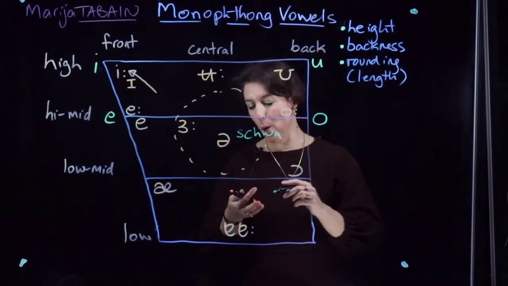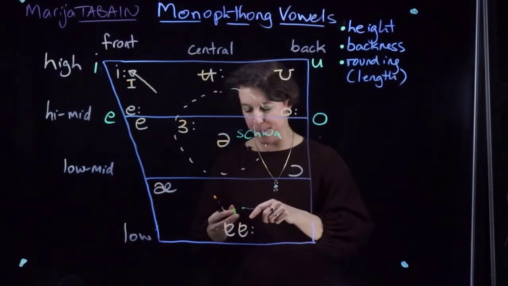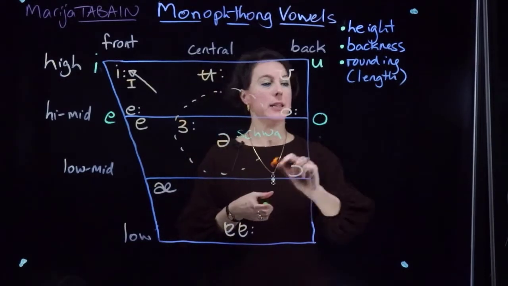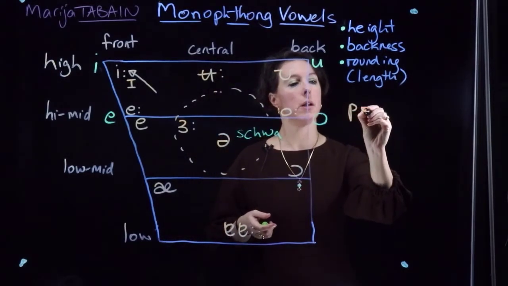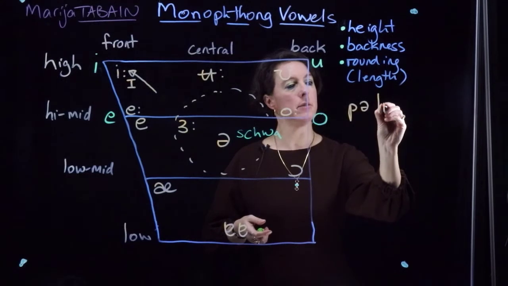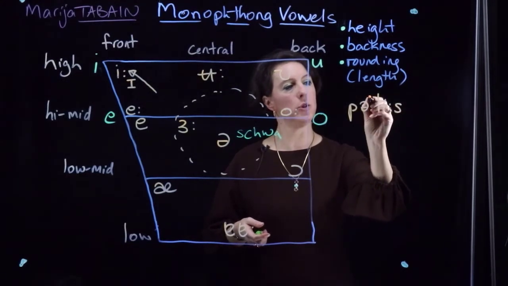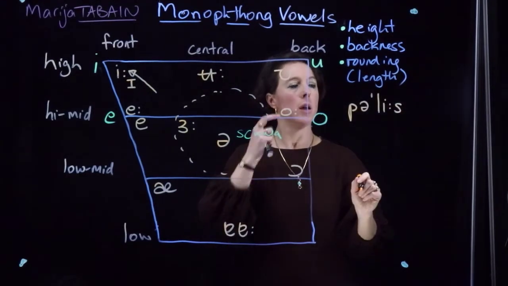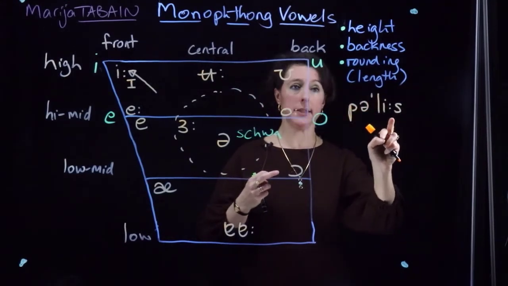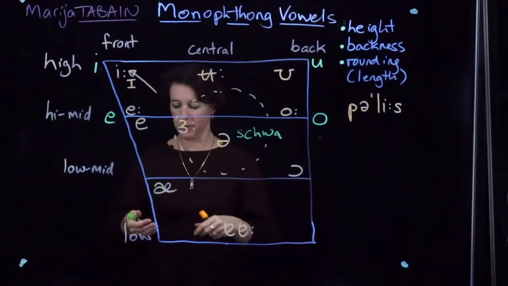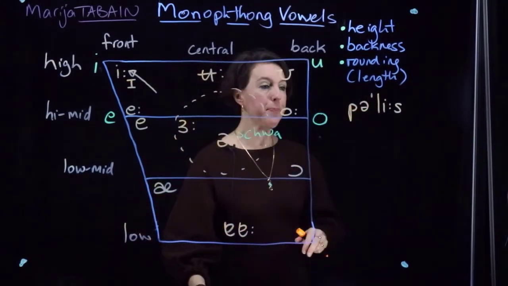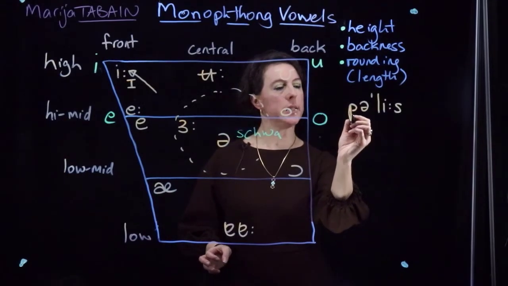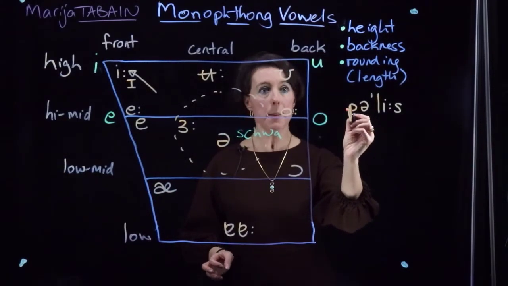And the example I always think of is a word like police. And what we do is we just put a little stress there to show that the lease is a stressed syllable, as in call the police, you know, there's a robber here. And this is the unstressed syllable p, okay, police.